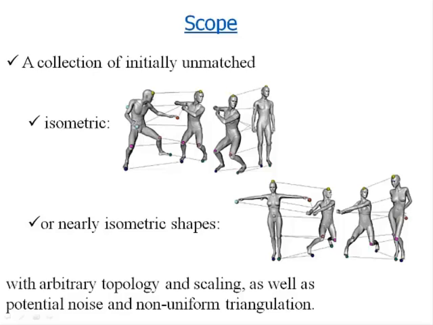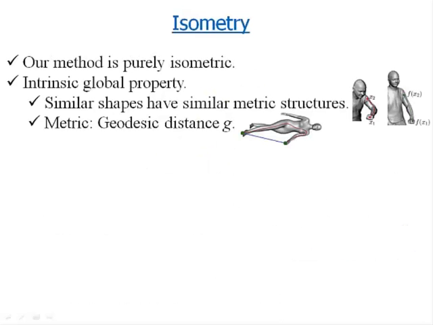On these shapes, we can exhibit problems like arbitrary topology, scaling differences, noise, and non-uniform triangulation, and we are robust to all of these things. And our method is purely isometric, which is a good thing because isometry is a good clue while performing shape correspondence, because it has this cool property.